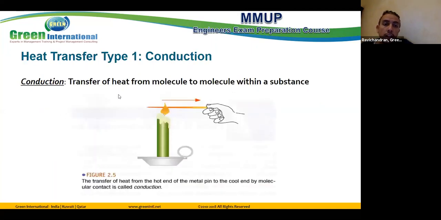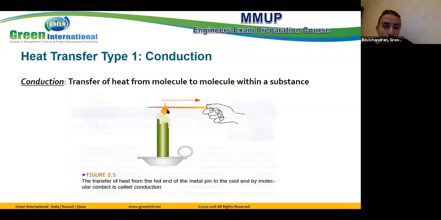I tell you something for that. For example, this photo shows a transfer of heat by conduction. But actually, if you focus more, all three modes happen here. Where is conduction?